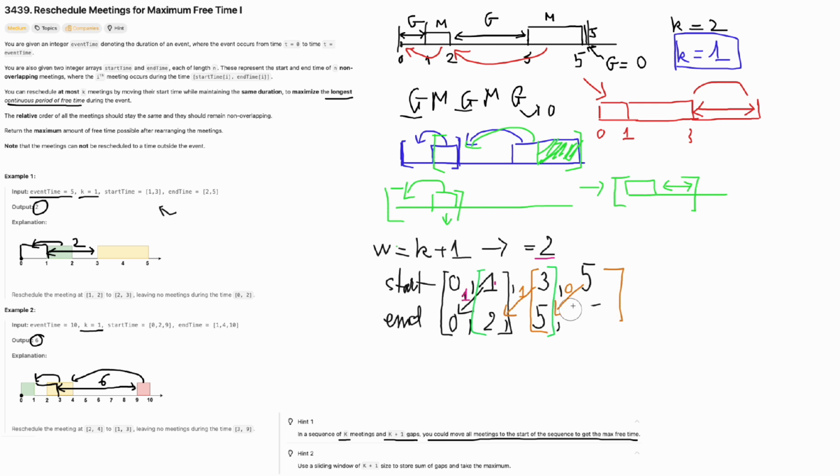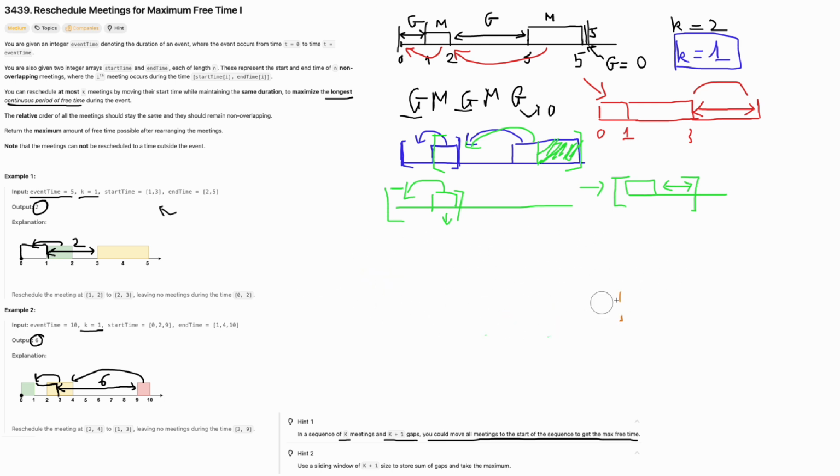So let's do it for the second example. We have 0, 2, 9, and 10, right? Here we have 0, 0.